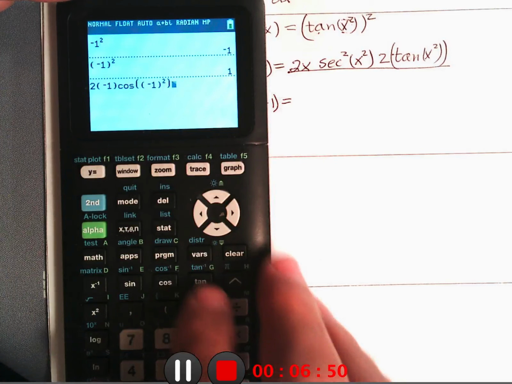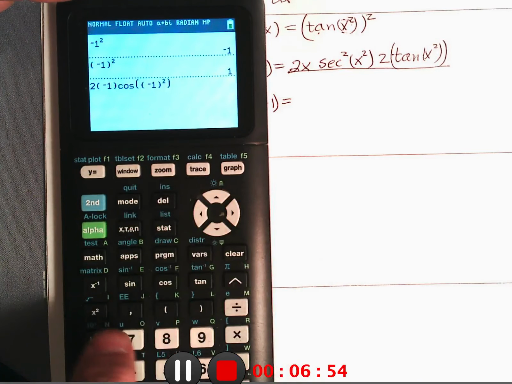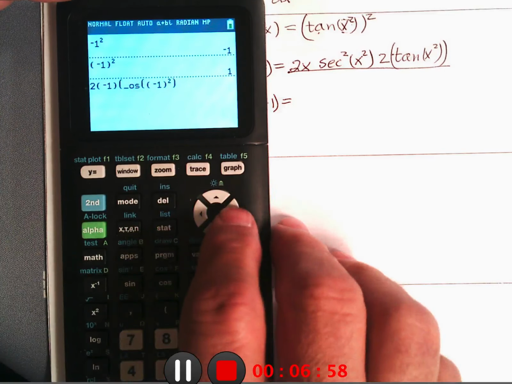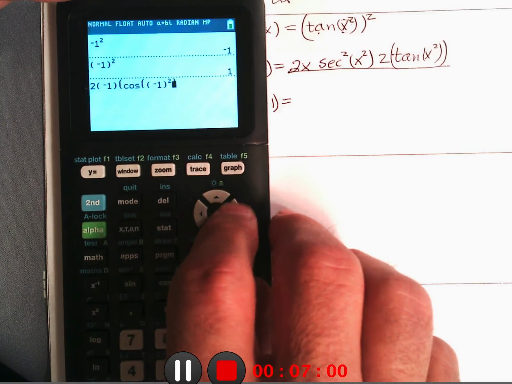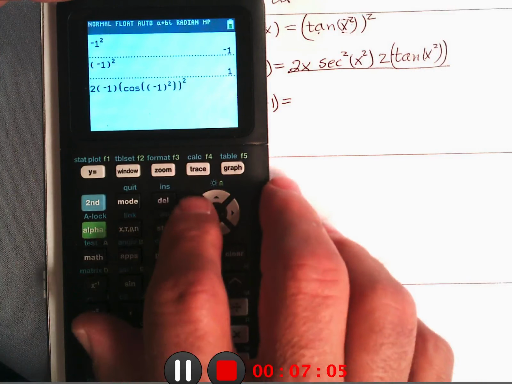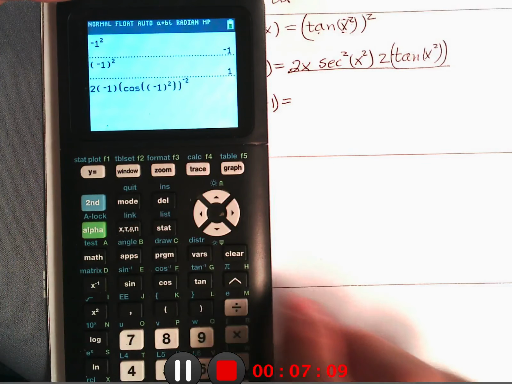So I really technically should put in a parenthesis here, so that I could say this whole quantity, but I don't want it squared, I want it to the negative 2, so that it's secant.